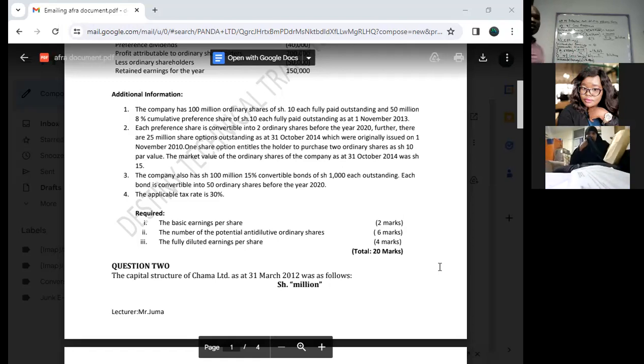So take 15% of 100,000, which is likely to give you 15,000.